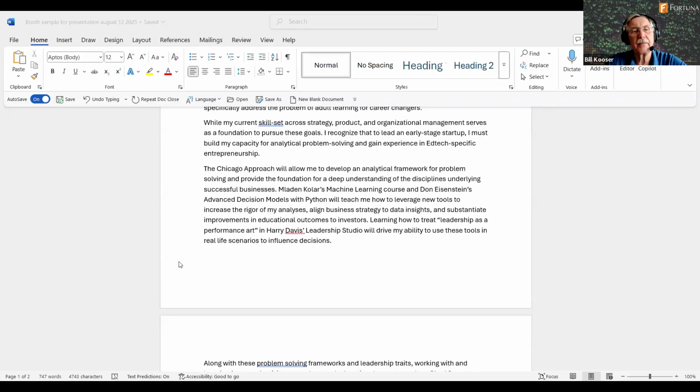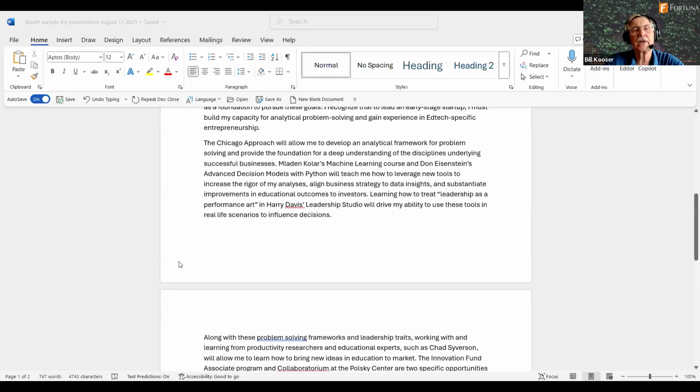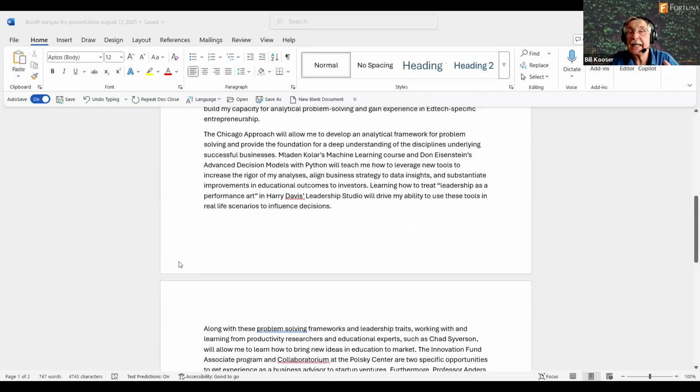So what are some of those things about Booth that are going to help me get to my goal? He talks about the Chicago approach and analytic framework, which help him understand those disciplines and understand businesses. And then he talks specifically about certain courses. He mentions a couple of faculty members and particular courses, and again, he aligns them with particular aspects of the career he is looking to pursue.